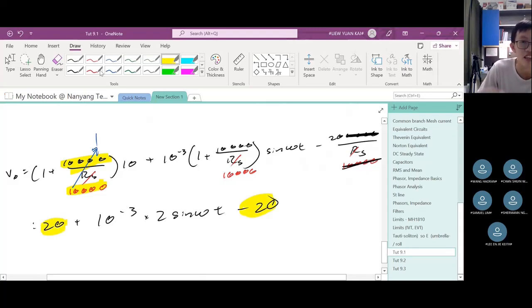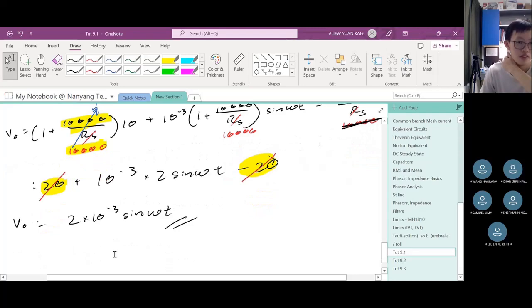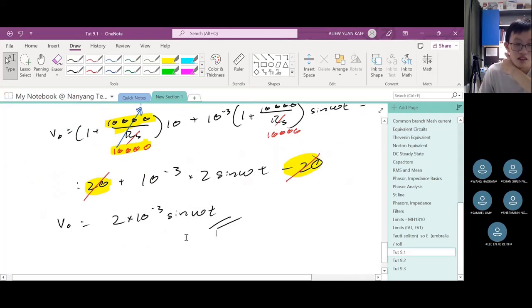This is negative 20. I told you the constant terms are cut out because that's the condition that we satisfied. So I just rearrange this. I get 2 times 10 to the negative 3 sine omega t. And this is our answer. Like that. Okay? So you see, no DC voltage appears when we sub in that value that we got earlier, which shows that we solved part A correctly.